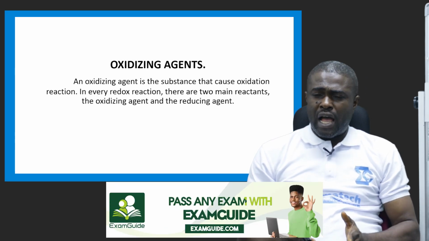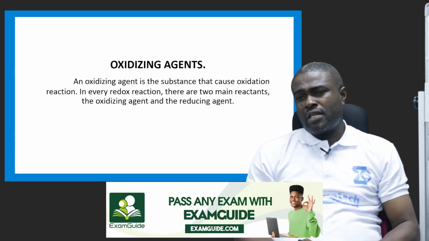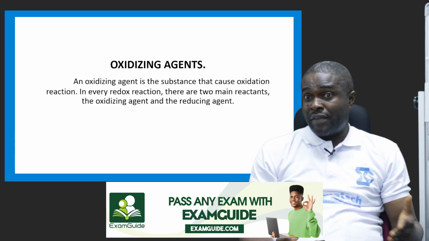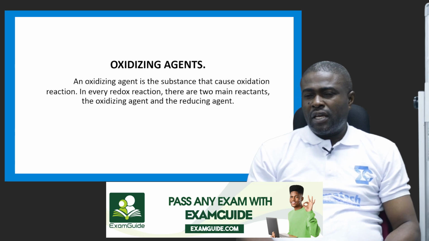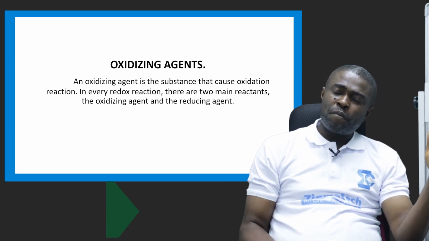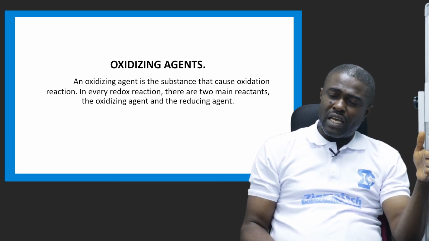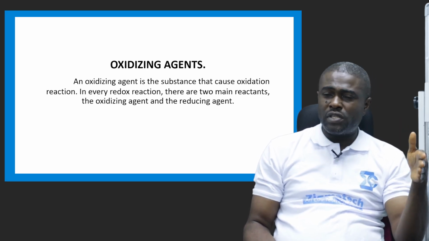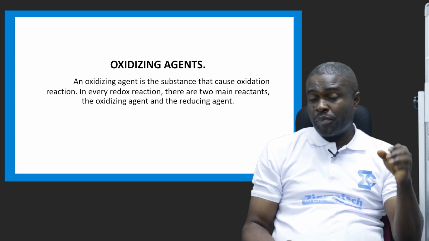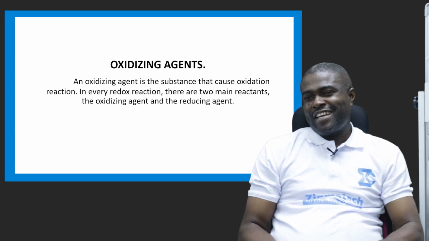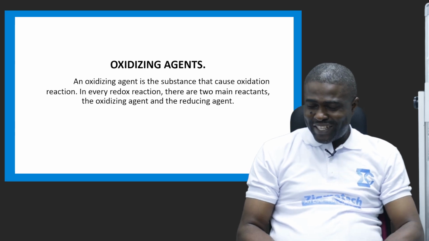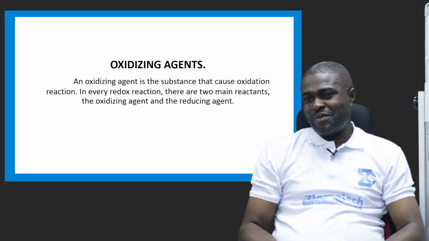These agents are basically the reactants. We will always find them at the left-hand side. In the left-hand side of the reaction, you will always notice a particular agent, either a reducing agent or oxidizing agent, provided that the reaction is a redox equation or redox reaction.